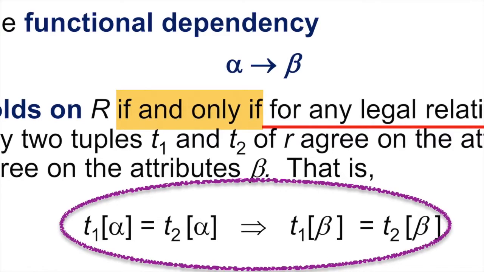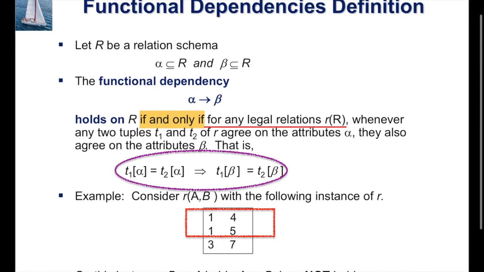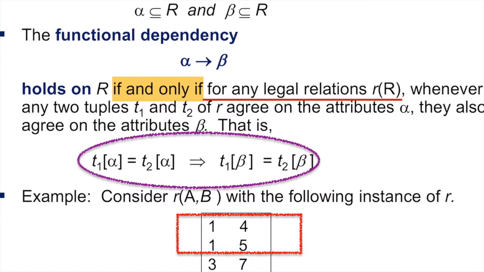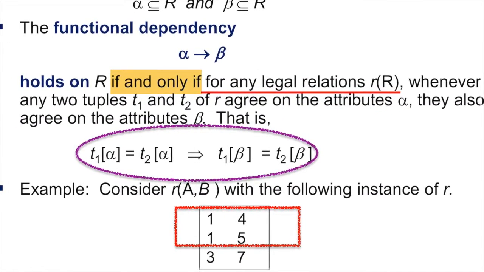So functional dependency from alpha to beta if and only if, for any legal relations, whenever any two tuples t sub 1 and t sub 2 of R agree on attributes alpha, then they also must agree on attributes beta.